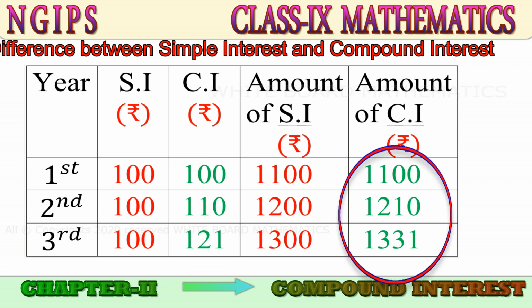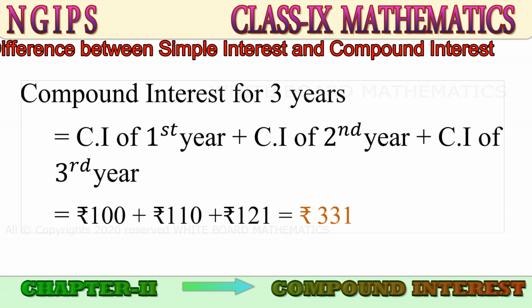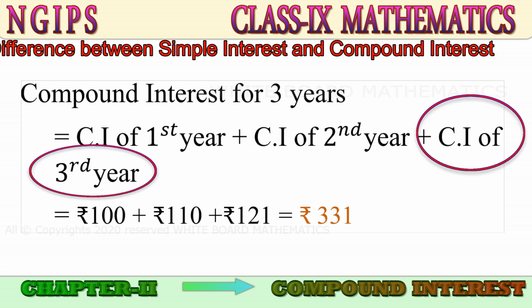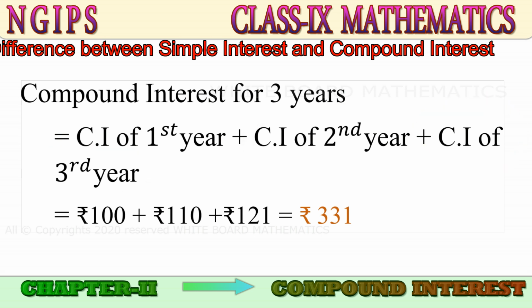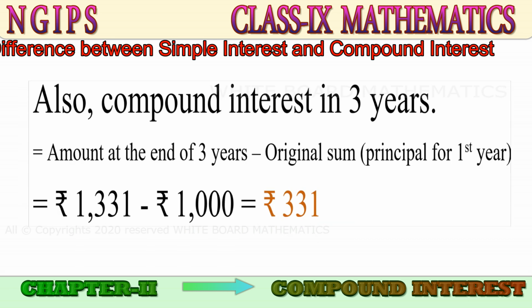Now if you want to find out the compound interest in 3 years, we have to calculate first year interest plus second year compound interest plus third year compound interest. It is nothing but 100 rupees plus 110 rupees plus 121 rupees, which gives us 331 rupees. Compound interest in 3 years, this is the other method which we can use.